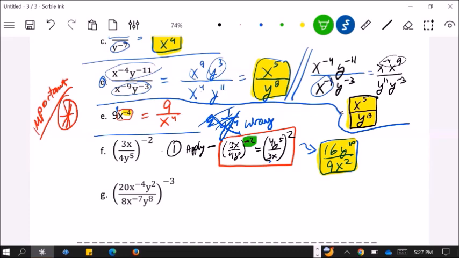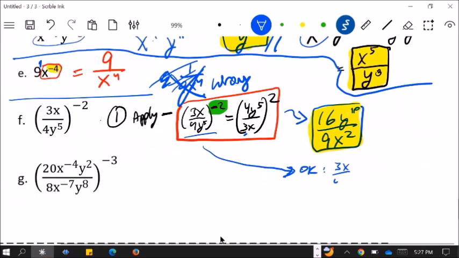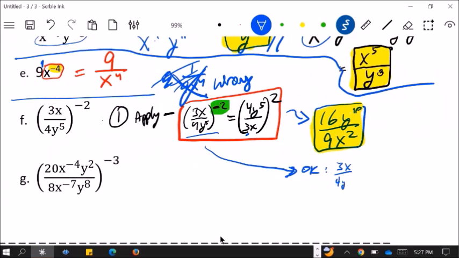Now, this also could have been done if I had done this part. So it would be okay if I did this. 3x, let's enlarge this so anybody can see it better. 3x, 4y to the fifth, to the negative 2.